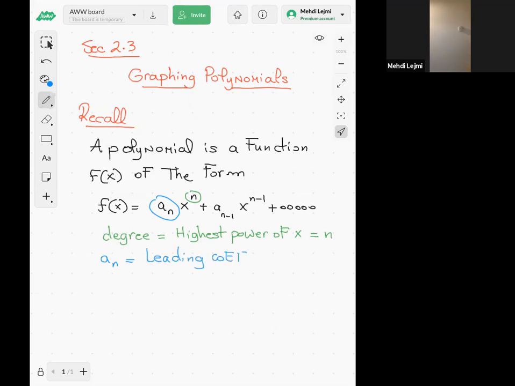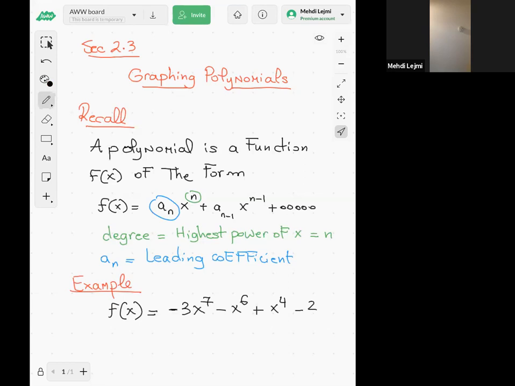Just to remind you quickly, for example, let's say you have f of x equals -3 x to the power 7 minus x to the power 6 plus x to the power 4 minus 2.